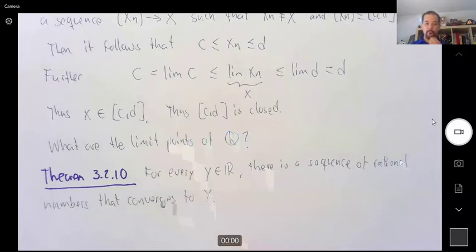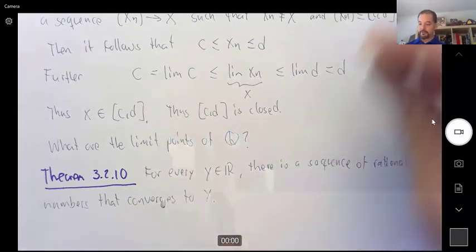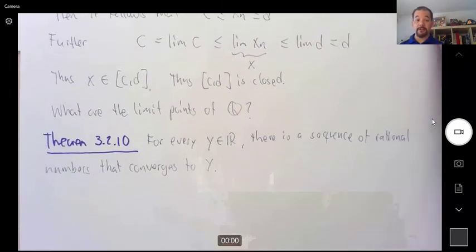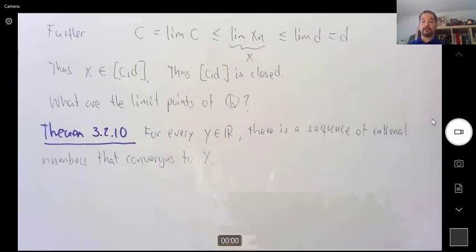Why is this true? Well, it's actually very easy, right? It just comes from something we did before, which is we know the rational numbers are dense. Remember that? In between any two numbers, there's a rational number. So here's the proof of this theorem.